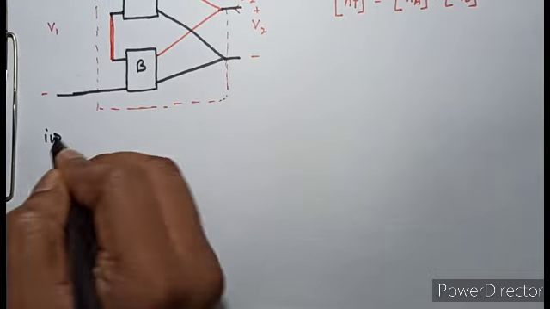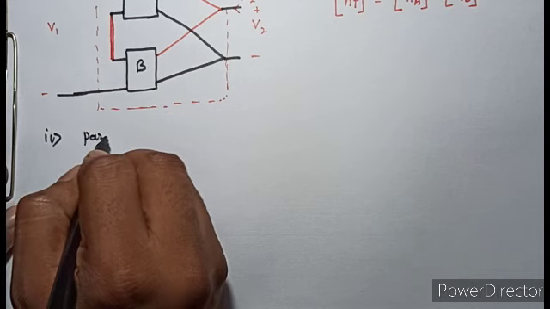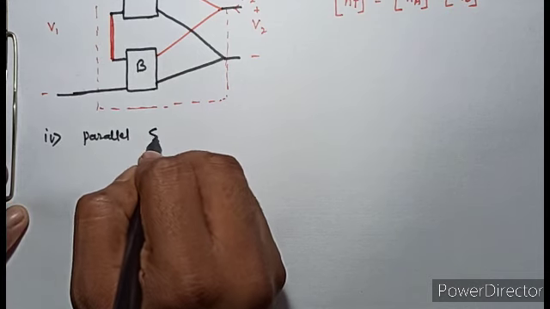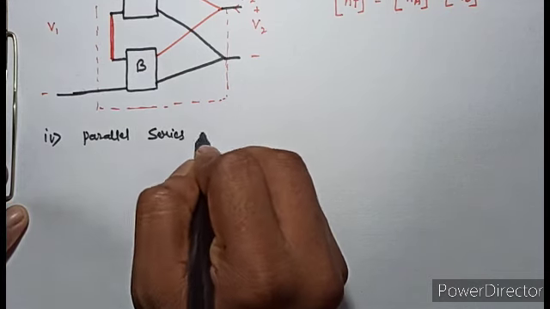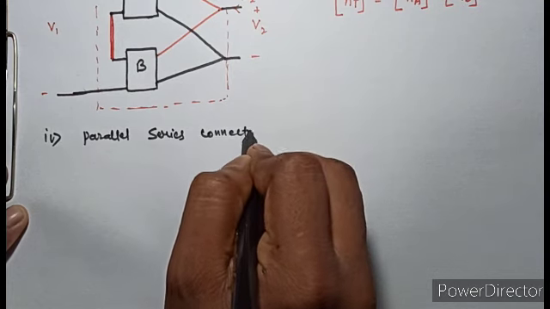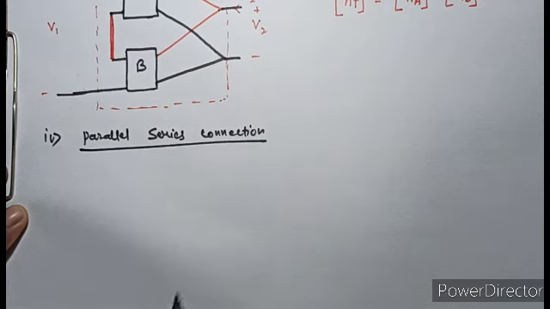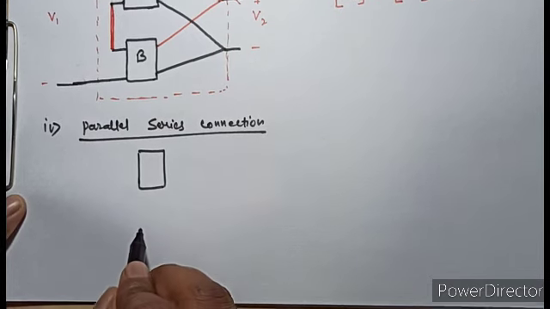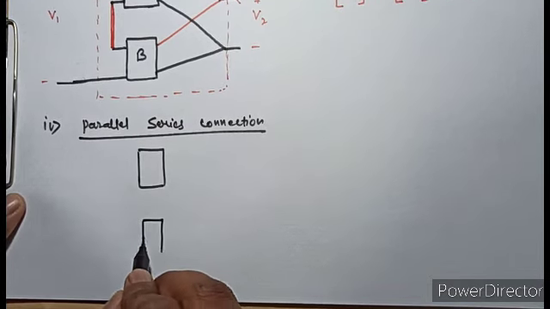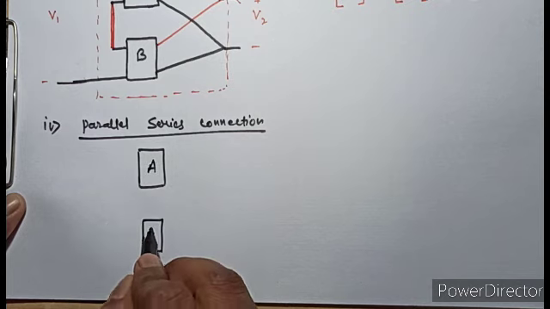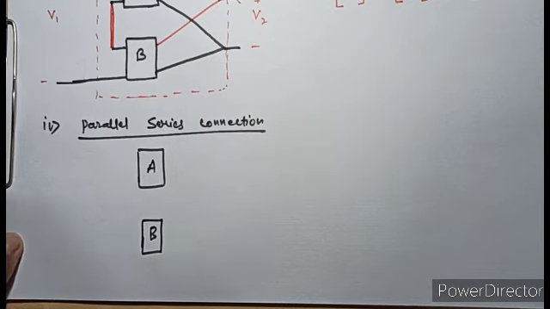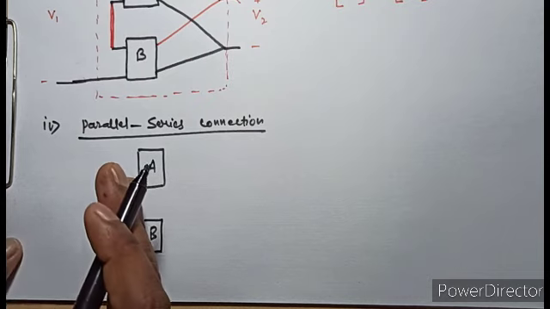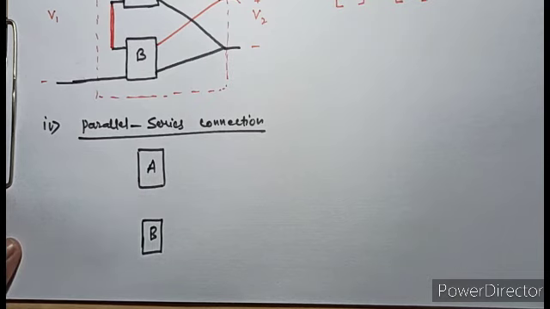The next, our fourth configuration, is parallel series connection. Right, let us say these are our two port networks A and B. In this type of configuration, we have to connect the input ports in parallel and the output ports in series.